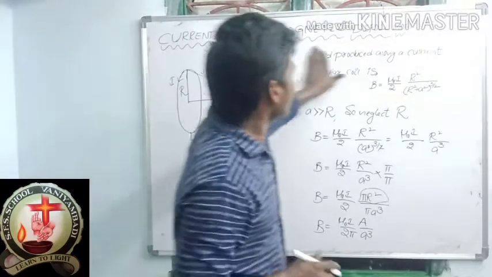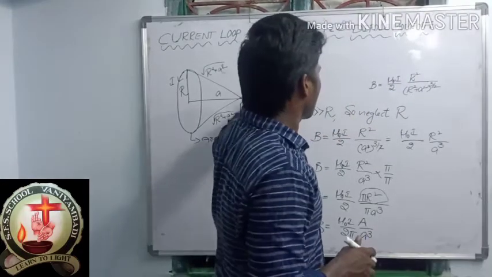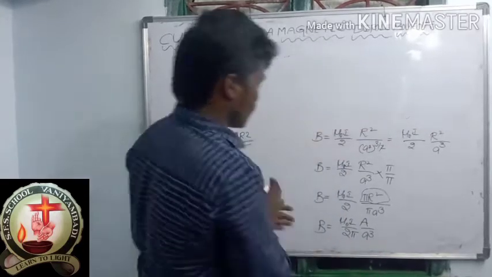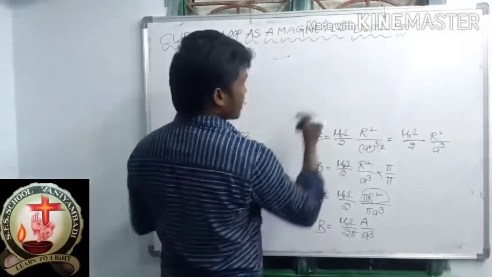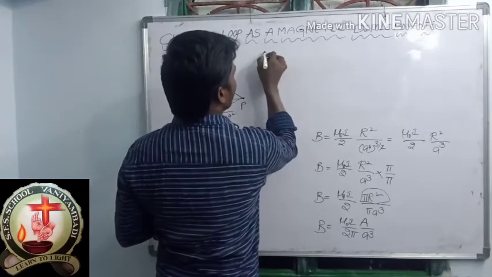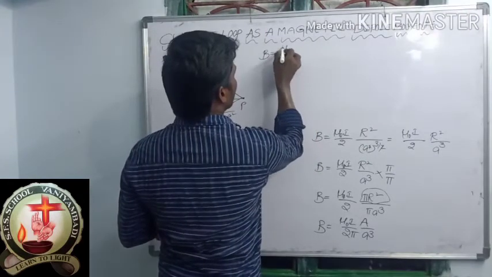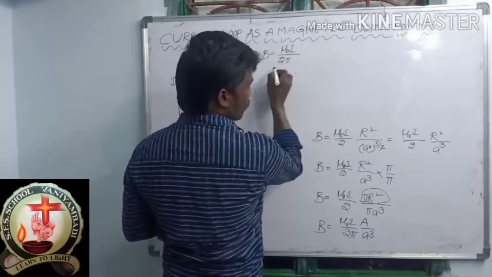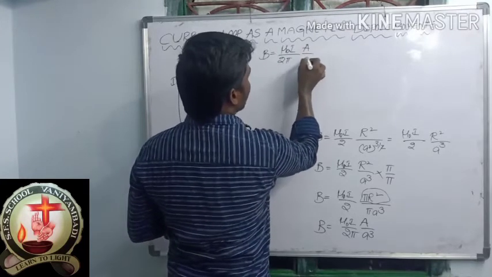So this is our expression: B is equal to mu naught I by 2 pi into A by A cube.